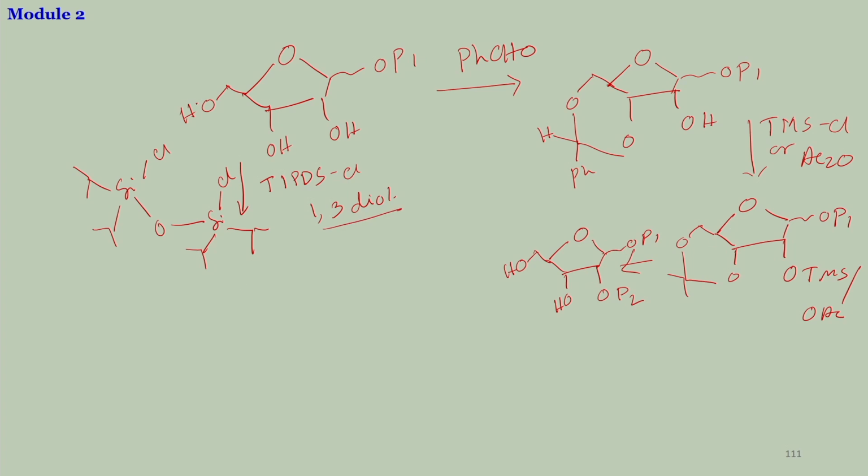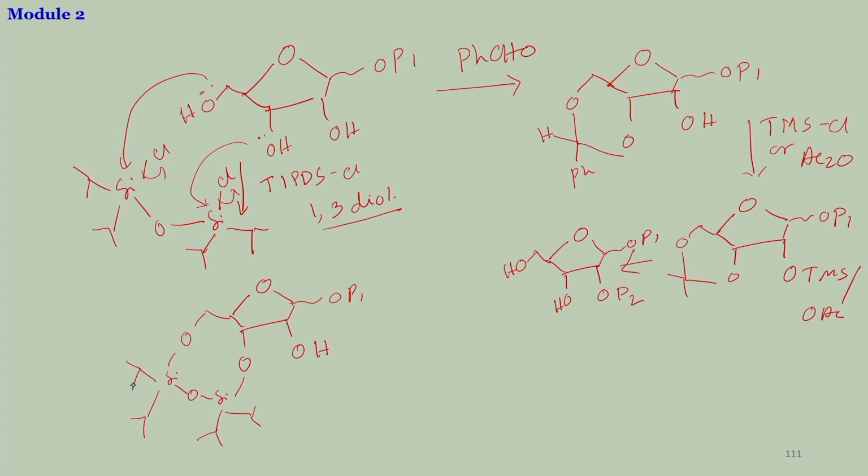In this case, you will get elimination of chloride, and at the C3 you will get the elimination of the chloride. This OH will remain free, O, Si, O, Si, this isopropyl, isopropyl.